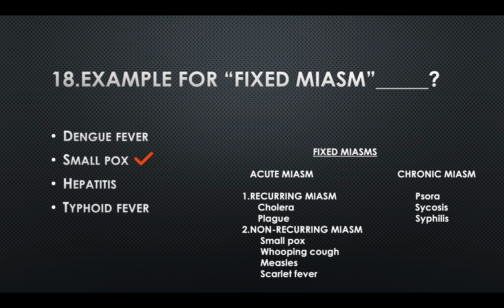Acute miasm is again classified into recurring miasm and non-recurring miasm. Example for recurring miasm: cholera and plague. Example for non-recurring miasm: smallpox, whooping cough, measles, scarlet fever. Chronic miasms are psora, sycosis and syphilis.